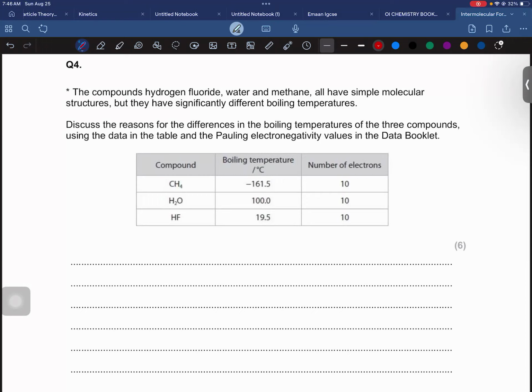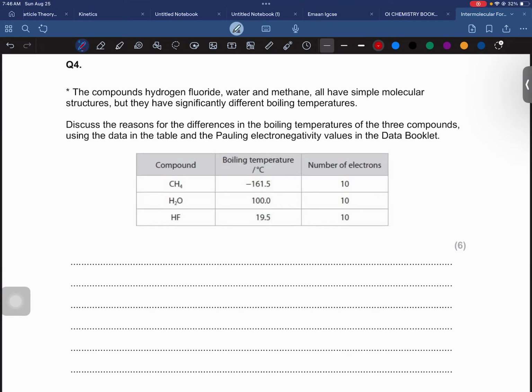They have the same London forces, the same van der Waals forces, because the number of electrons is the same. But weak intermolecular forces are present in CH4, because the difference of electronegativity is smaller.